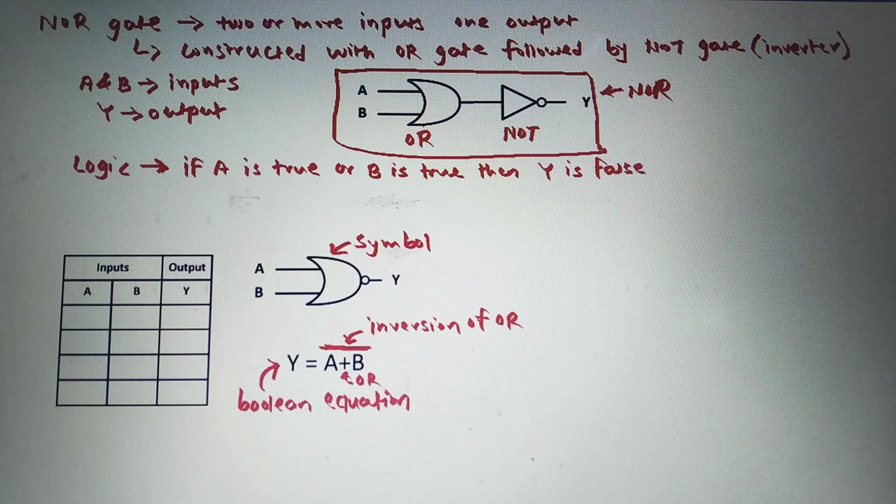It means that if input A is high or input B is high, then the output Y is low.